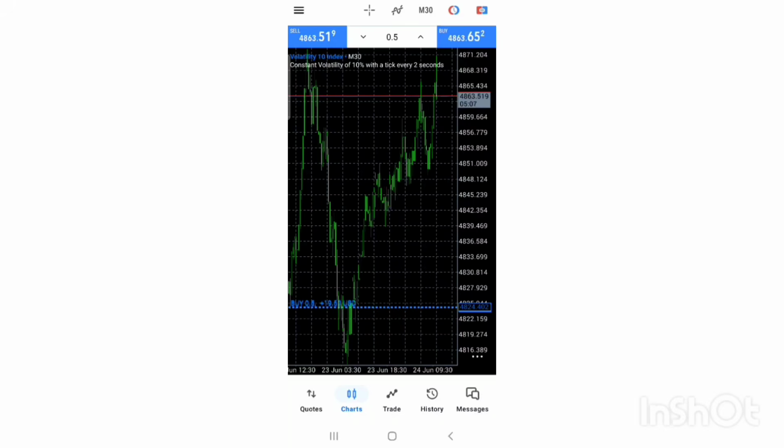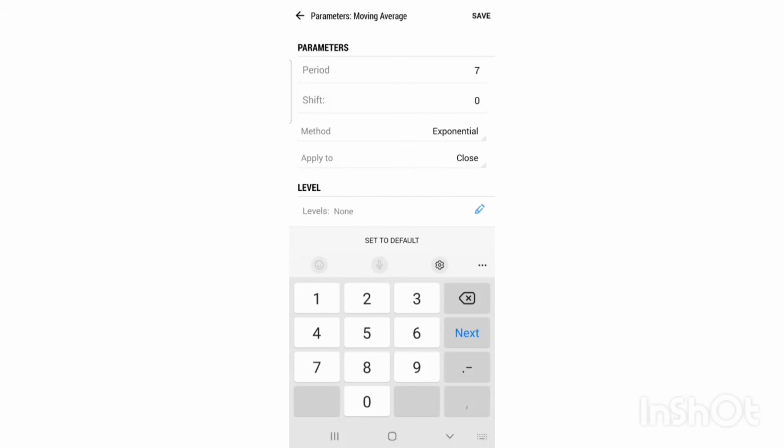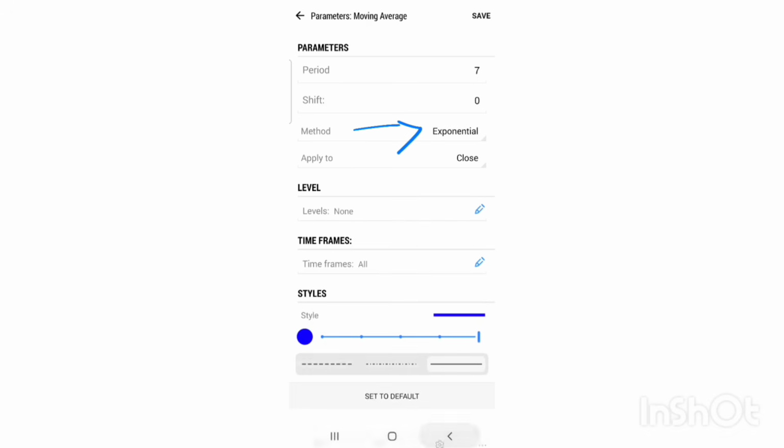So we are going to set the settings before I go further with the explanation. You click on the F sign. I'm using MetaTrader 5 on the real account. The first setting that we need here is the 7 moving average, exponential. Period is 7, shift is 0, method is exponential, apply to close, color of your choice.